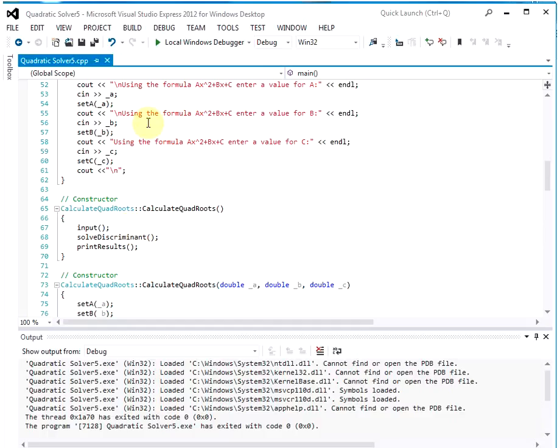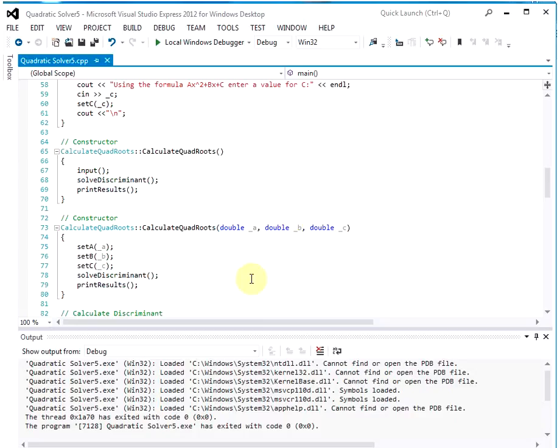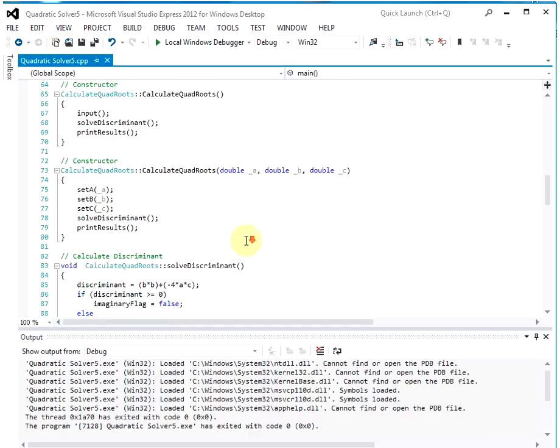That input sets the input into the variables. Remember, the class can see all those variables. I solve the discriminant, and then I print results, and this is the heart of it. And here's my other constructor, where I pass the 3 parameters. I use the sets for A, B, and C, solve discriminant, and print results. The only difference is here I'm passing directly, here I'm prompting for input.